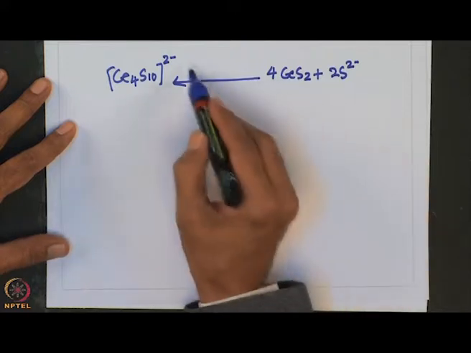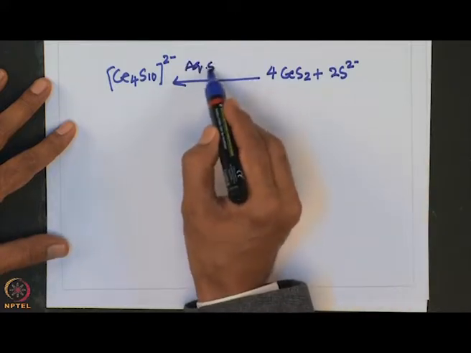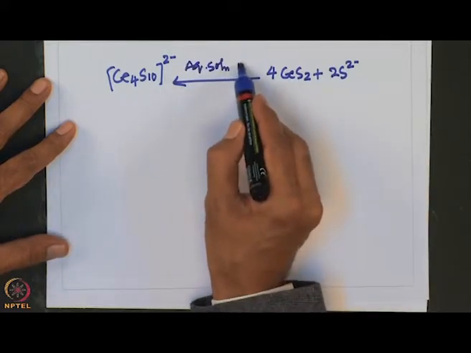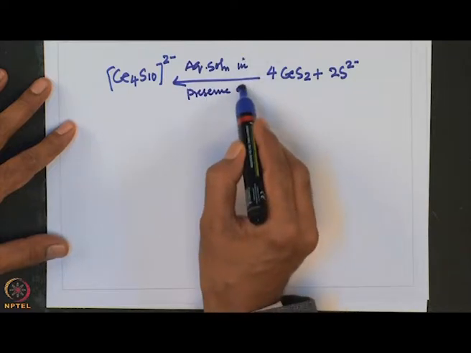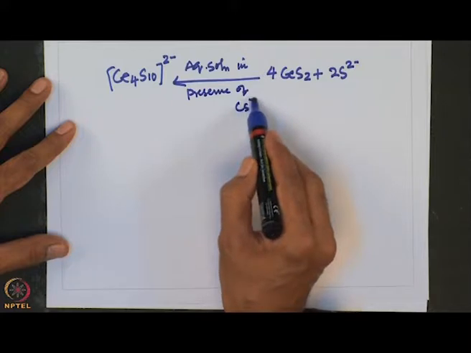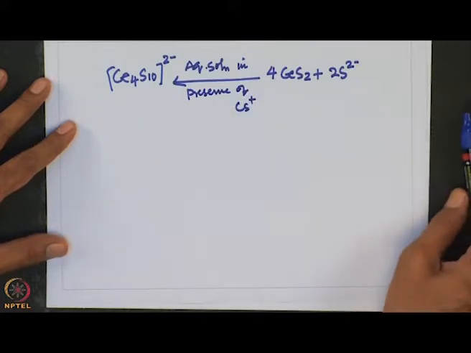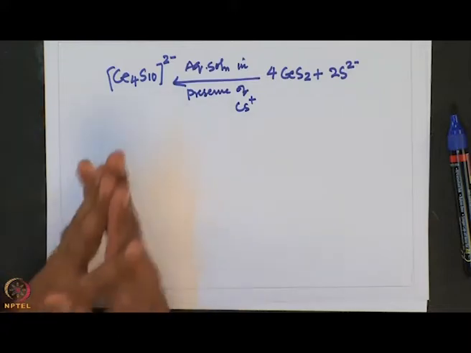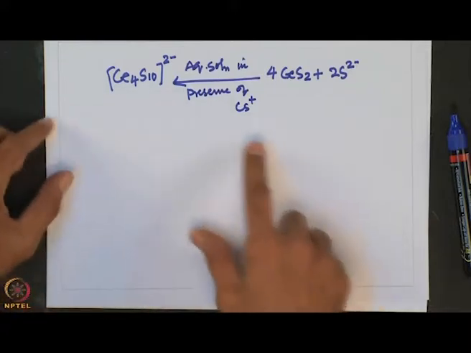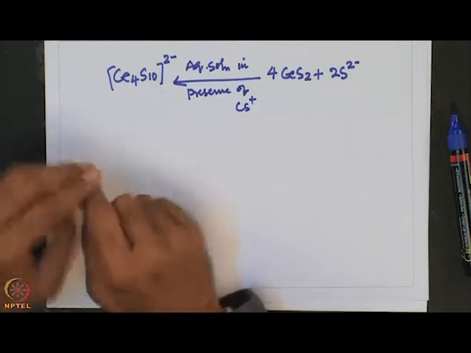One can use an aqueous solution of cesium sulfide and germanium sulfide. When they are mixed together, it leads to the formation of Ge4S10 2 minus.